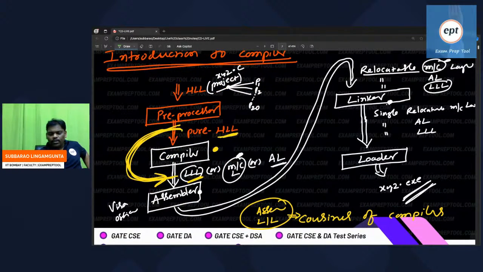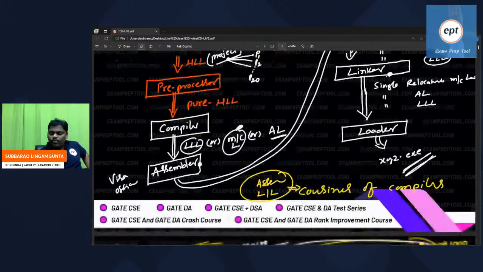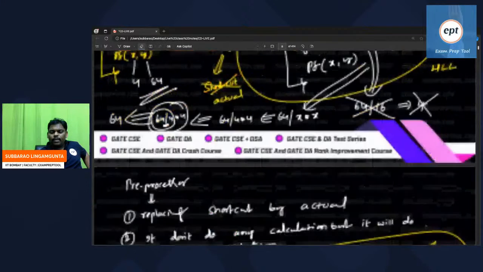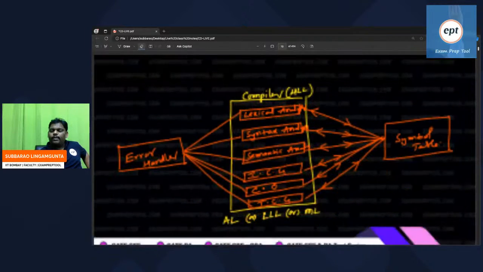But the major one is the compiler. Remember, our concentration is the compiler only, but you want to know everything a little bit, what happens before and after. So I connected all the things. Just know the definitions. Afterwards, the main thing is the compiler, so I started the compiler.